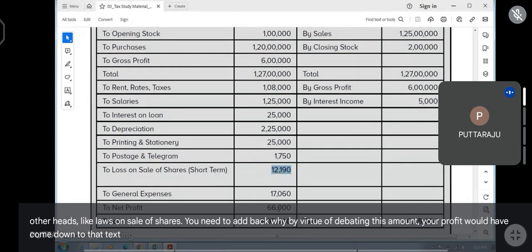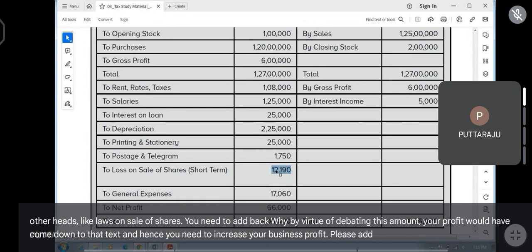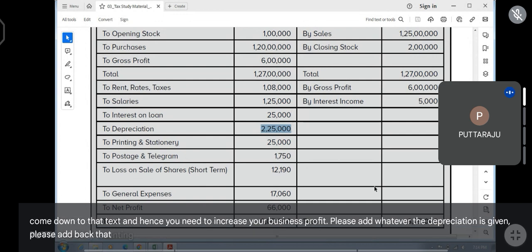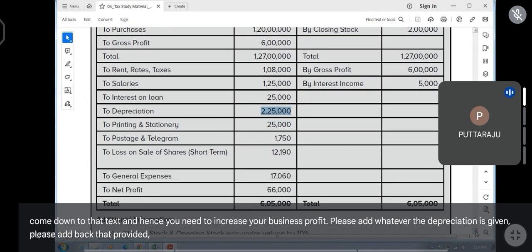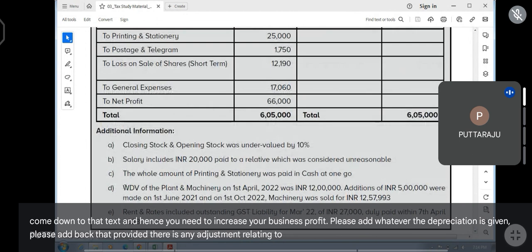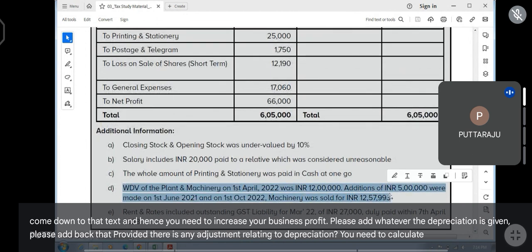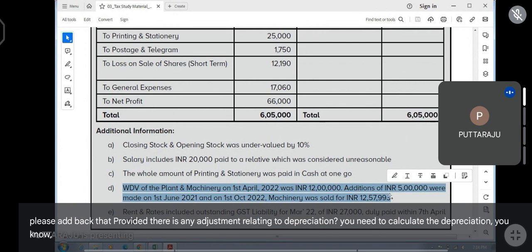Hence, you need to increase your business profit. Please add. And whatever the depreciation is given, please add back that, provided there is any adjustment relating to depreciation. You need to calculate the depreciation. You know how to calculate.